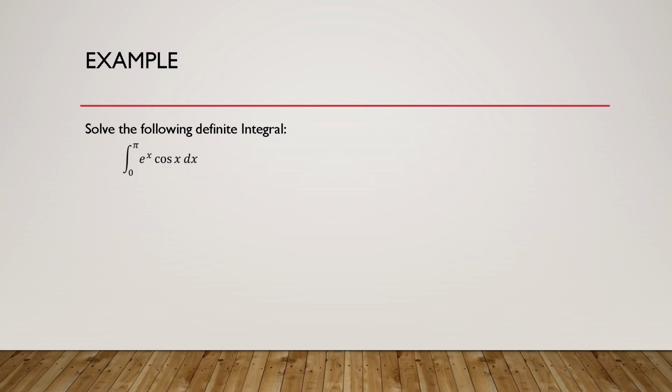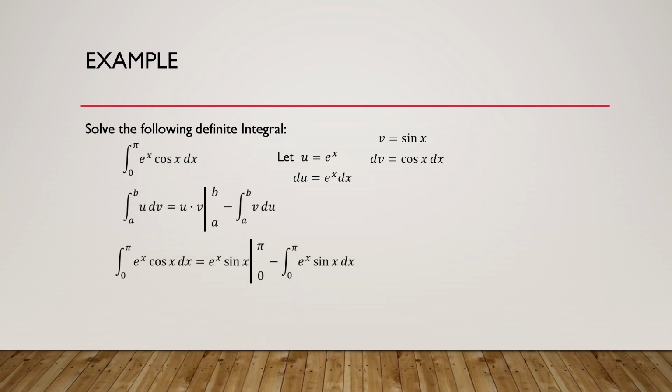Here we let u equal e to the x, making du equal e to the x dx. Then dv equals cosine x dx, and v equals sine x. By filling in our equation, we get the integral from 0 to pi of e to the x cosine x dx equals e to the x sine x, evaluated from 0 to pi, minus the integral from 0 to pi of e to the x sine x dx.